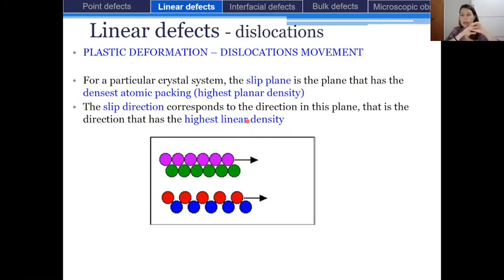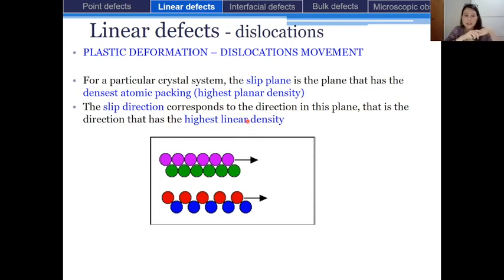And so now we can make a relationship with the slip plane and slip direction. So it is observed that for a particular crystal system, the slip plane is the plane that has the densest atomic packing, or in other words, the slip plane is the plane that has the highest planar density.